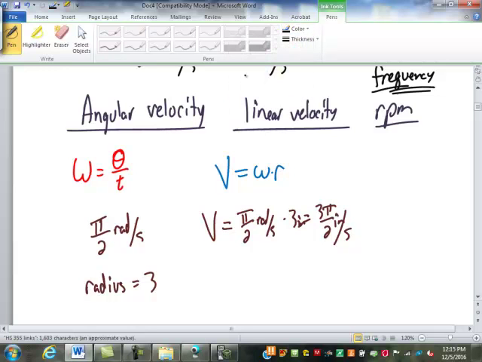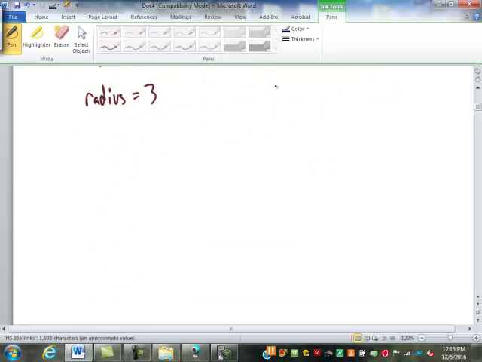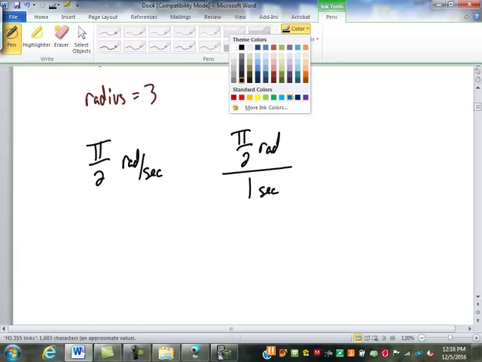RPMs. Let's stick with the pi over 2 radians per second. What we have to do with that is this. That's going to be pi over 2 radians over 1 second. We have to convert radians to revolutions.